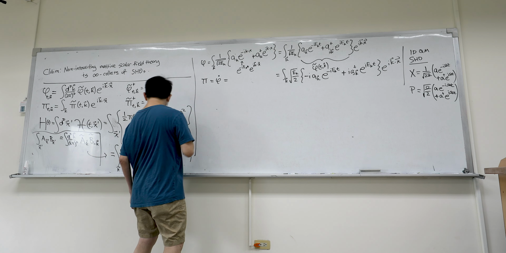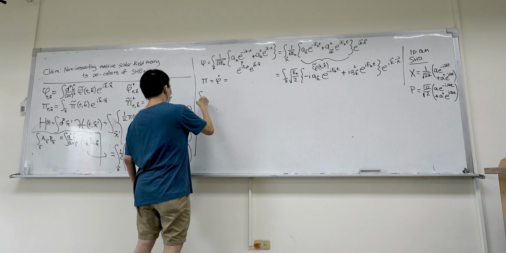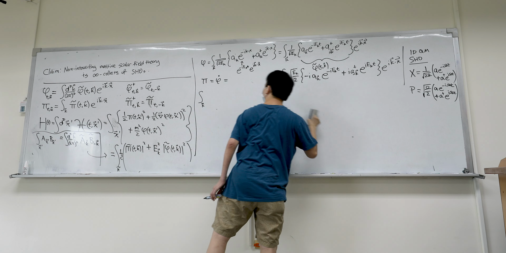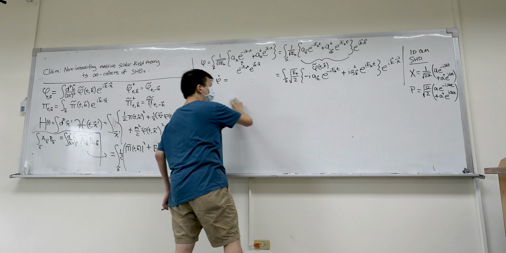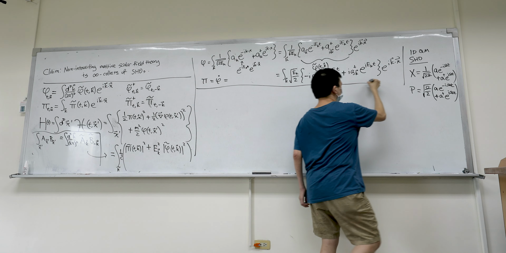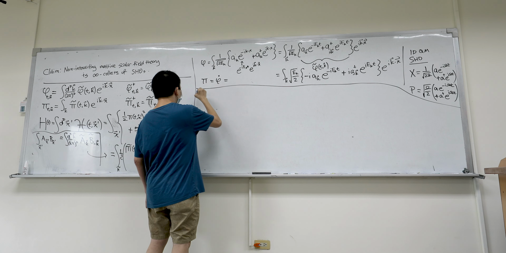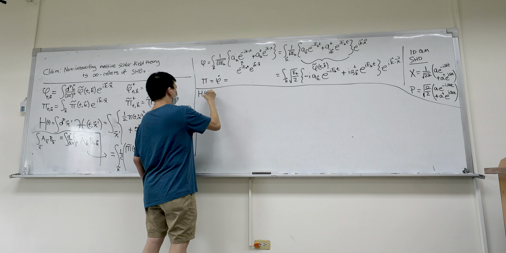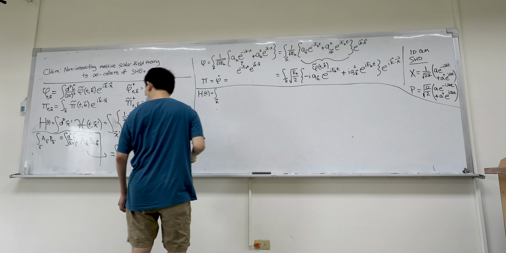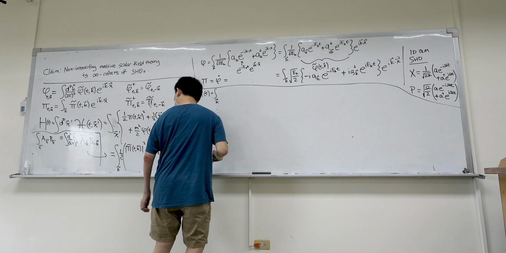So let's go ahead and figure this out. Let me write that properly. h of t is an integral over k, and so we have the following.